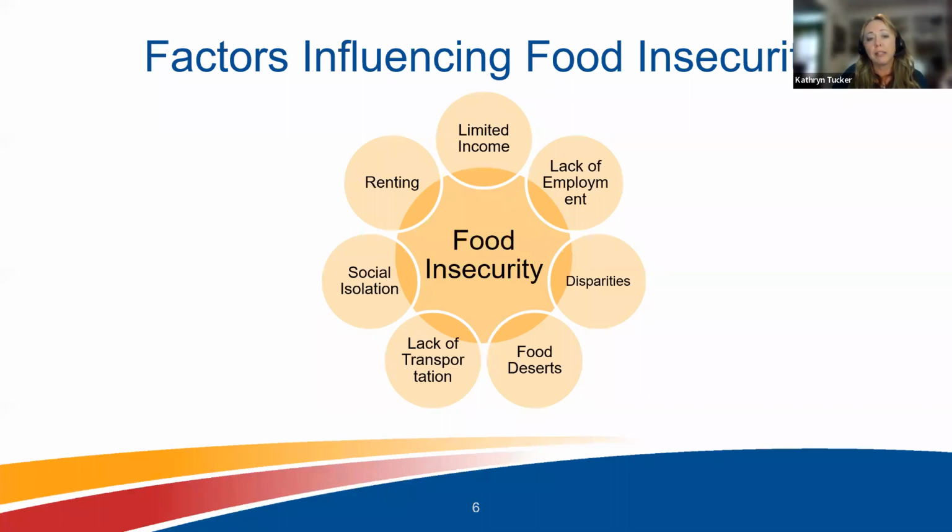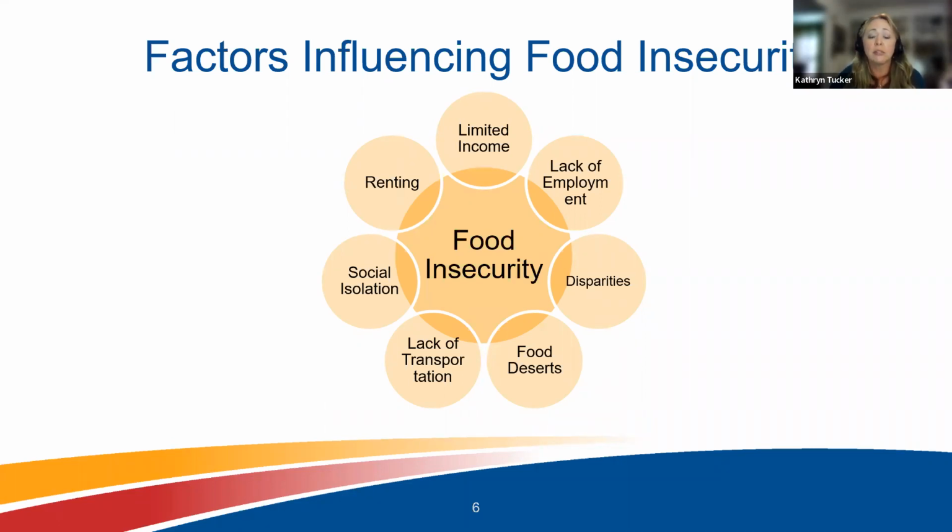High unemployment rates among low income populations make it more difficult to meet basic household food needs. Now, as far as disparities in 2016, Black non-Hispanic households were nearly 2 times more likely to be food insecure than the national average. It's 22.5% versus the 12.3% nationally. And among Hispanic households, the prevalence of food insecurity was 18.5%.